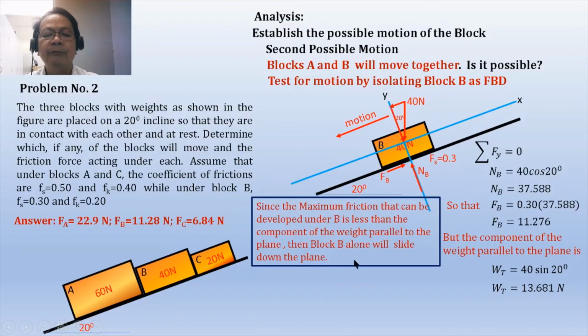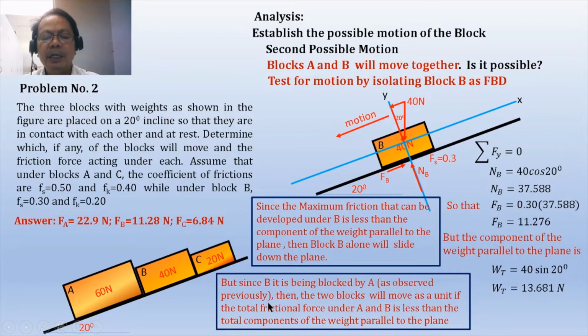We can say that if B alone is on the plane, B will be moving down the plane. Kung sakaling B lamang ang nasa ibabaw ng plane, B will be moving kasi mas maliit itong F sub B kaysa doon sa component ng weight parallel to the plane. But since B is being blocked, as indicated in the figure, B is being blocked by A.